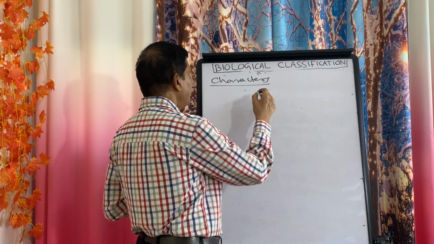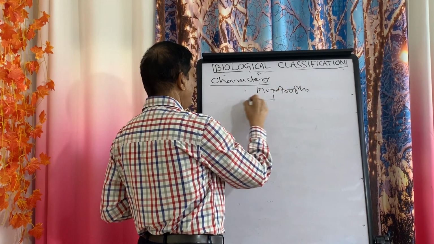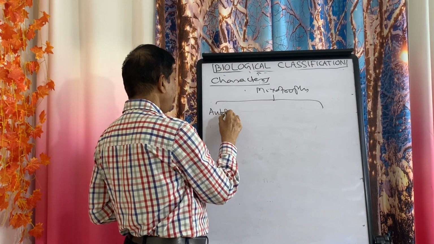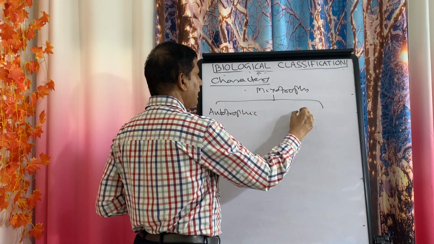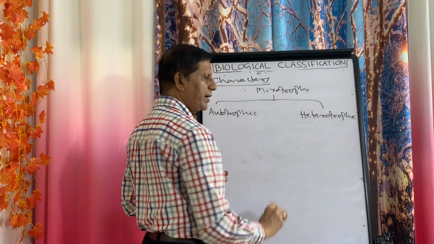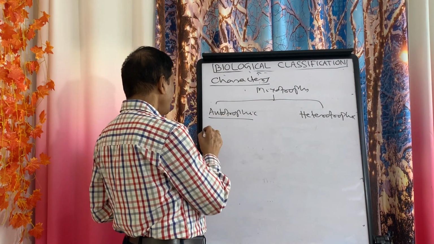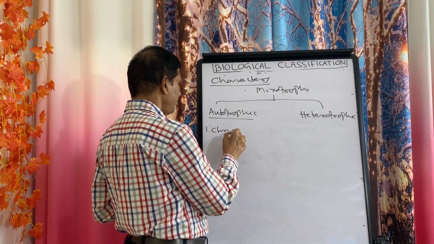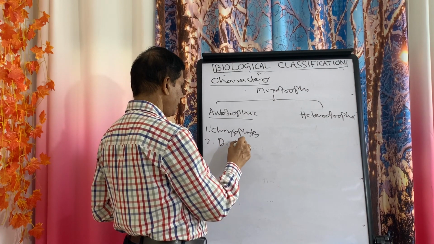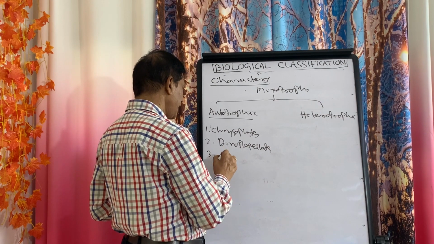We can classify the mixotrophs into 2 categories. They may be autotrophic and heterotrophic. Now under this autotrophic category, the chrysophytes, dinoflagellates, and the euglenoids are coming.